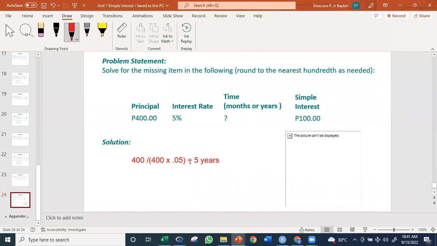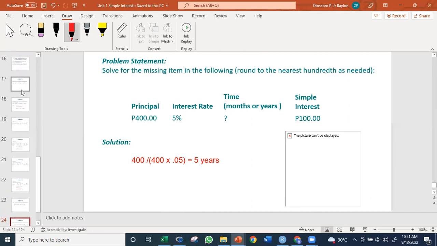What this gives us is the number of years. When we solve for time, it will always give us the number of years. So it depends on if you're asked for the number of months or the number of days. All right. So that takes care of the first set of slides for simple interest.